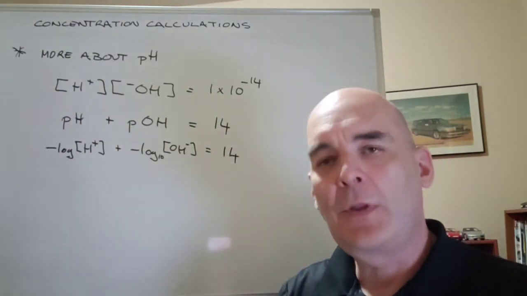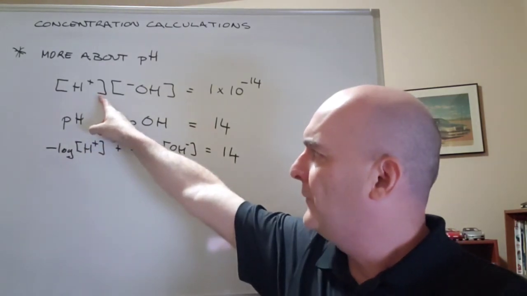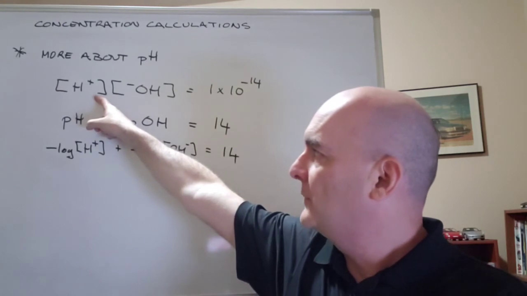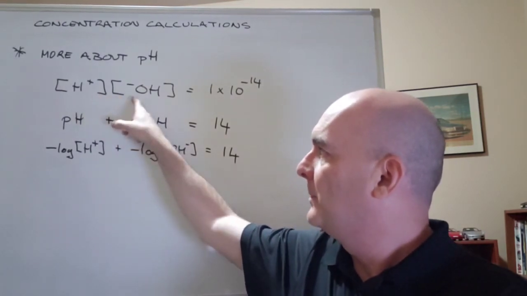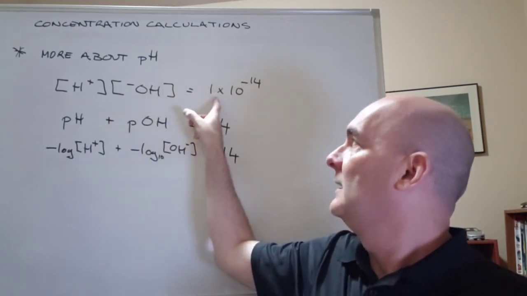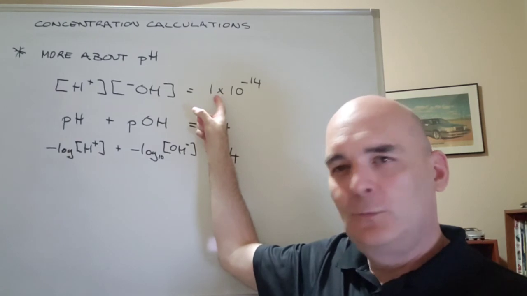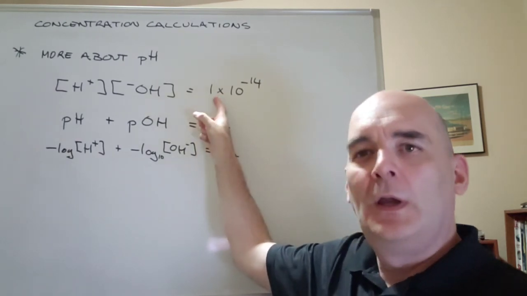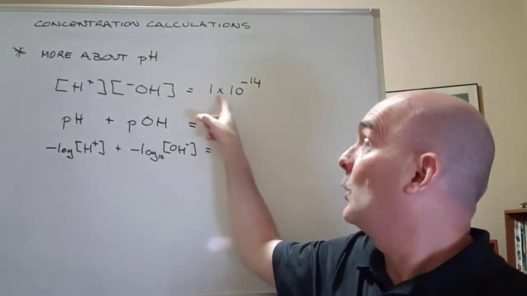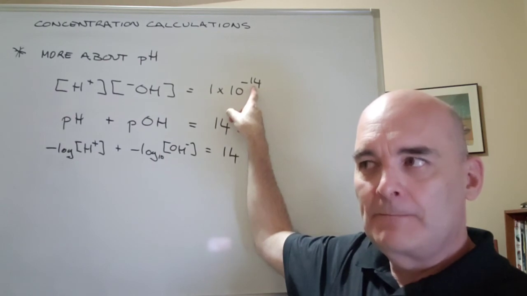Well, it turns out that the math underneath that is derived from if in any solution I multiply the amount of H+ by the amount of hydroxide, it comes out to be this number. That's a number that we're not going to pursue, but chemistry majors know this number as Kw is 1 times 10 to the negative 14, very, very small number.